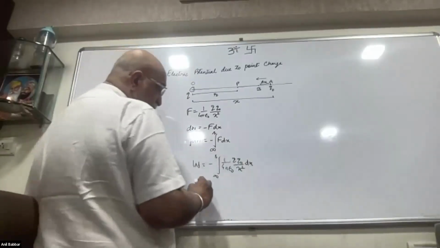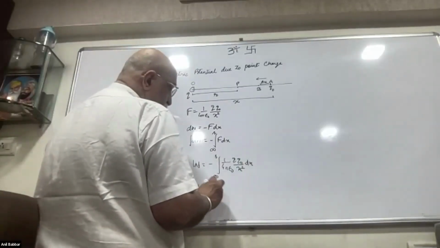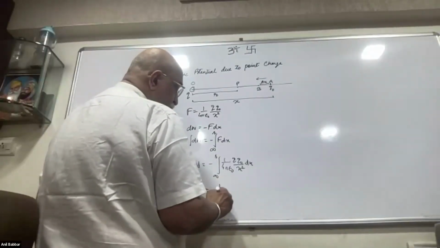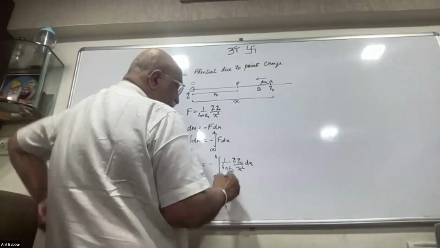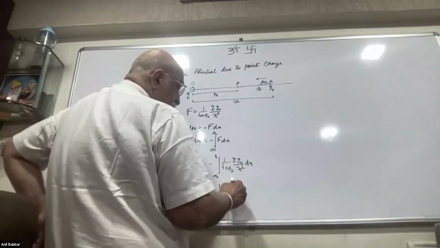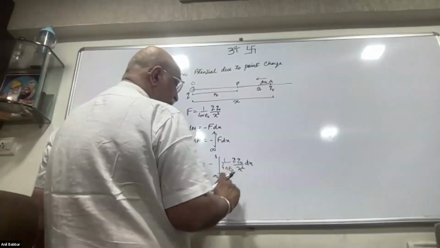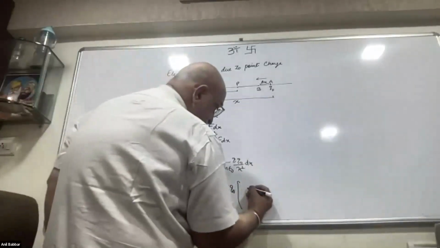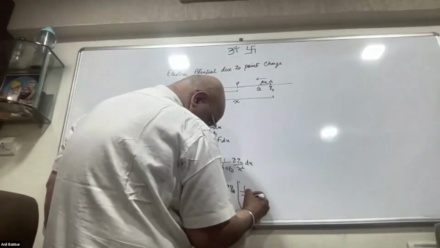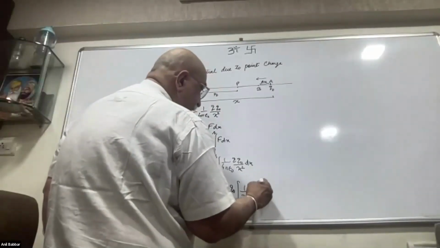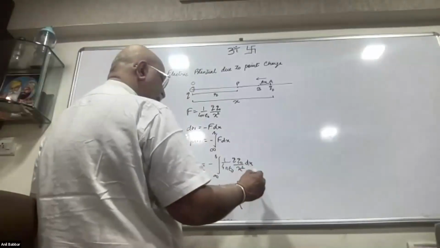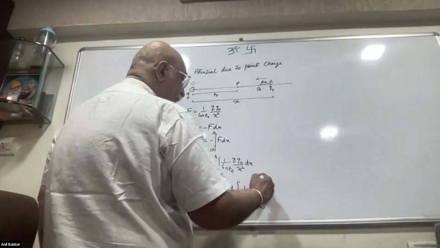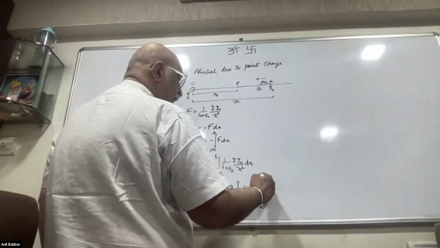We'll take it out. So W is equal to minus 1 upon 4 pi epsilon naught Q Q naught times the integral of 1 by x squared dx, from infinity to R.